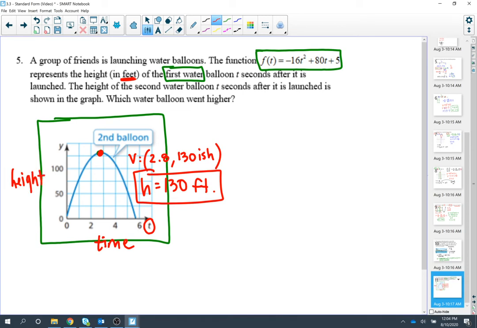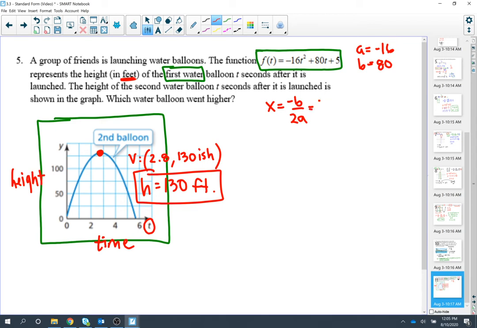So for the first water balloon, we just need to figure out, did it go higher than that? Or did it go lower than that? Just like with the second water balloon, we're going to have to find the vertex. So for the vertex, x equals the opposite of b over 2a. a is negative 16, b is 80, and c we don't need.